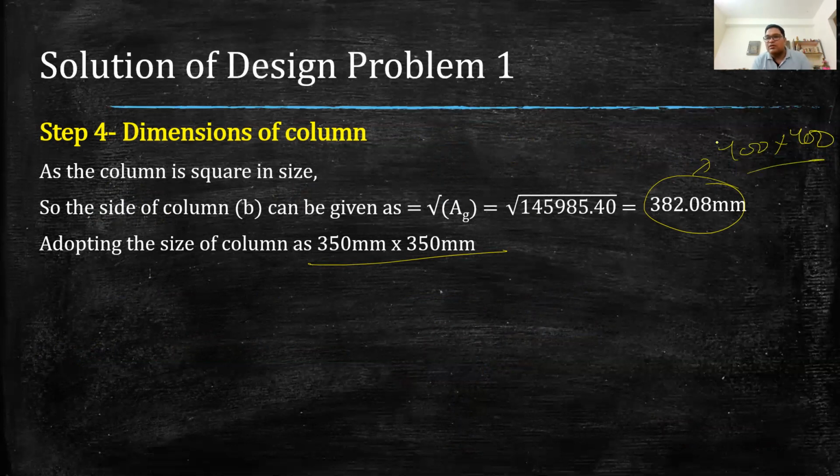Well, if you increase the dimension more than required, as you can see, this is the required dimension, and you are assuming a dimension more than that, in that case the total area of cross section will be high. And in this total area of cross section, the percentage of steel may go down below 0.8%.